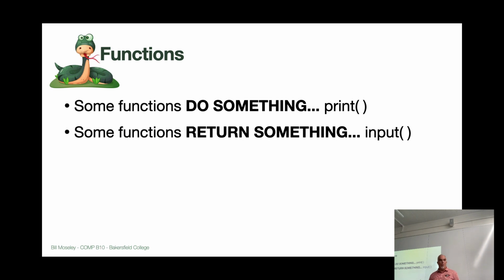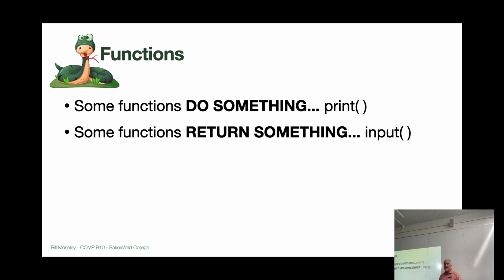It has to be at least one of those, or else it's kind of a pointless function. If it neither does something nor returns something, you just wasted a bunch of code. If you want, you can write a function, or in some cases, the built-in Python functions both do something and return something. So we will write our own functions as we get into this class sooner rather than later.